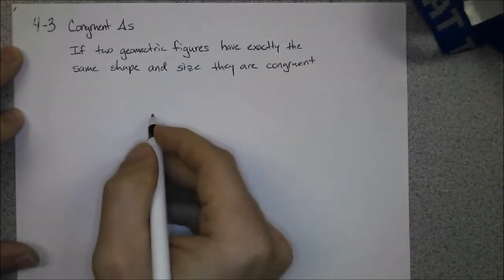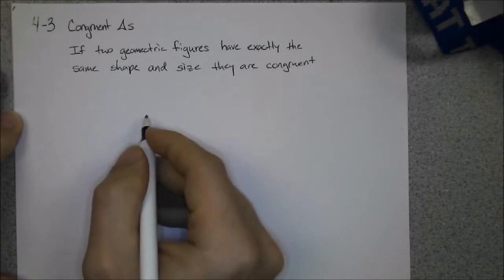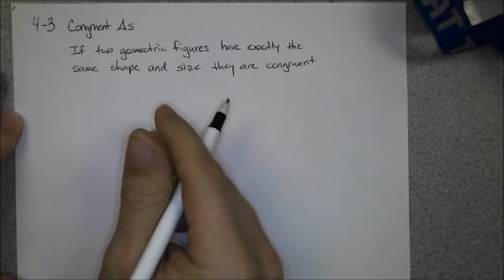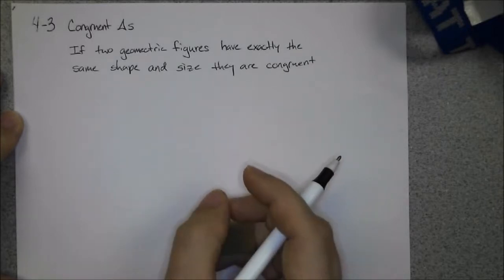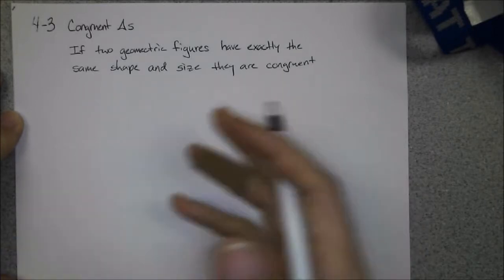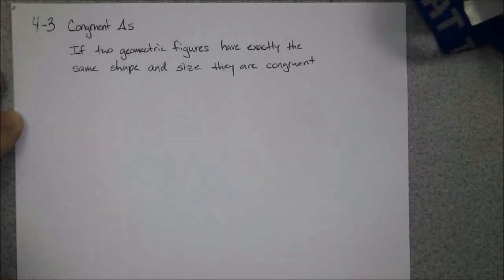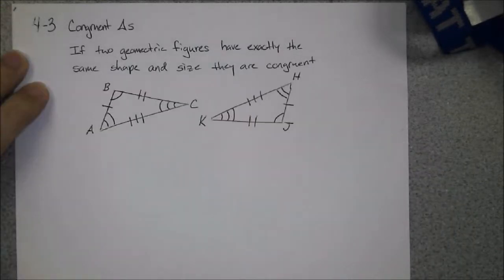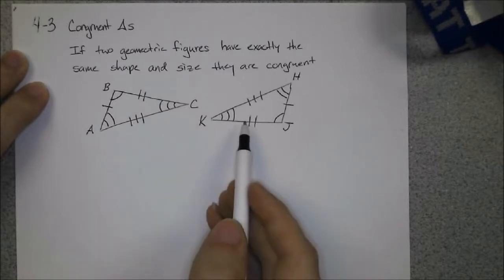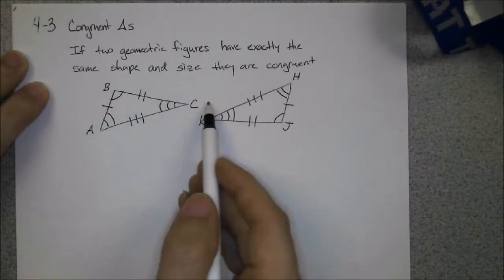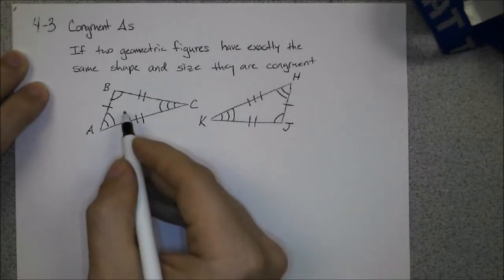I'm going to go ahead and put two figures up here, and I am going to identify all the corresponding angles and corresponding sides, and then make what's called a congruent statement that just says that one triangle is congruent to another. Let me get this up here for you. All right, so here I have two shapes, two triangles, and we've got our sides labeled.